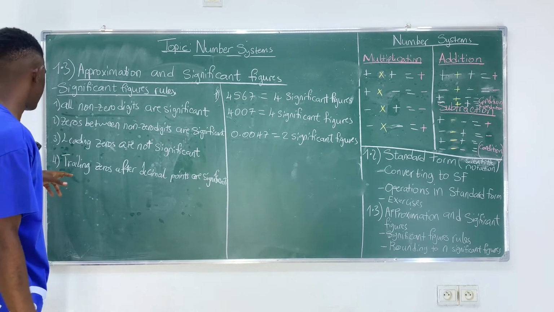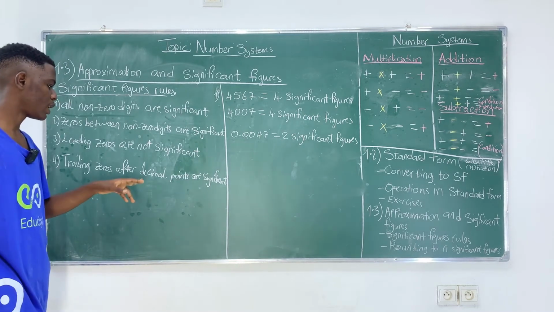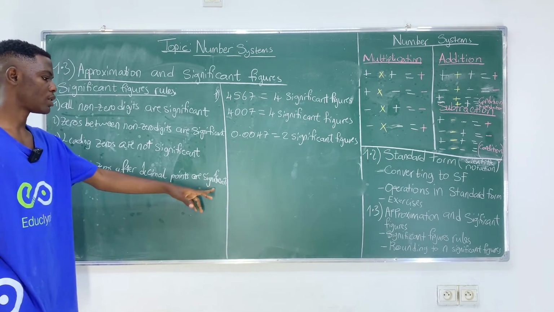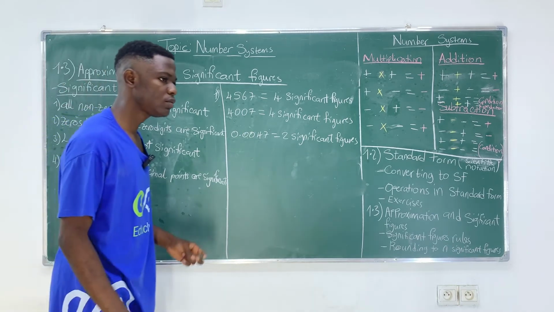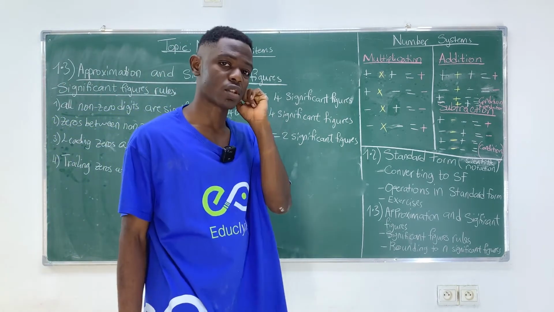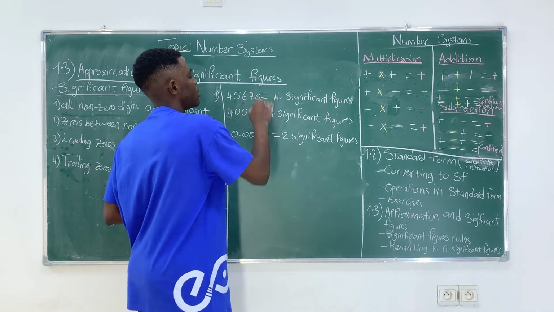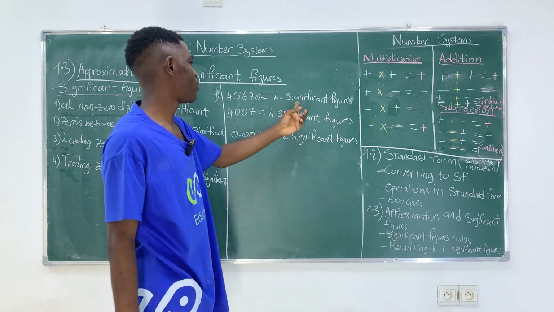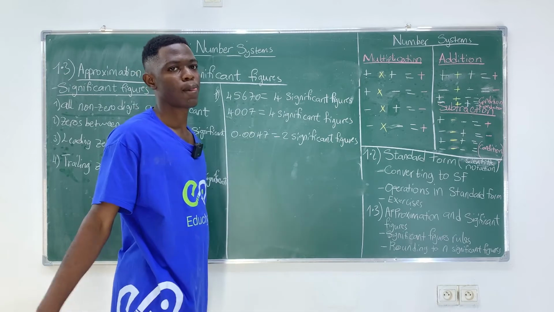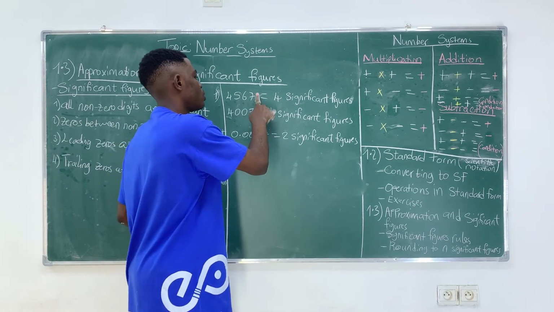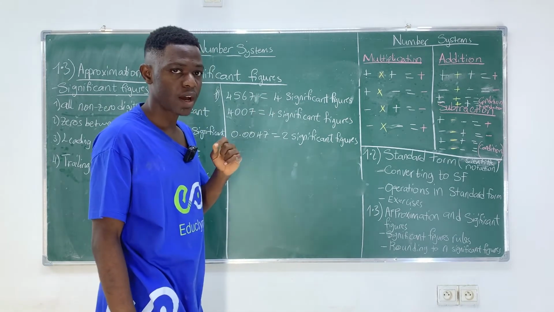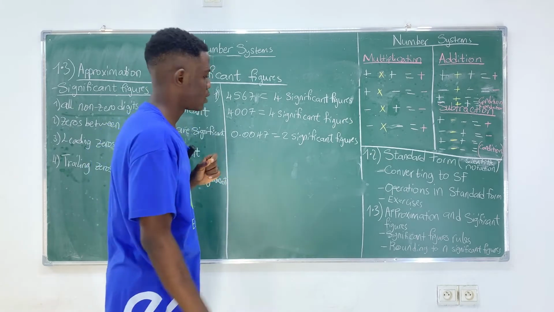Then for the last one, trailing zeros after decimal points are significant. If there's a trailing zero after here, it's not significant. If you have this, you still have 4 significant figures. So trailing zeros after decimal points are significant.